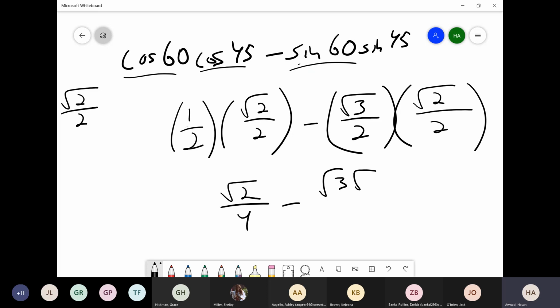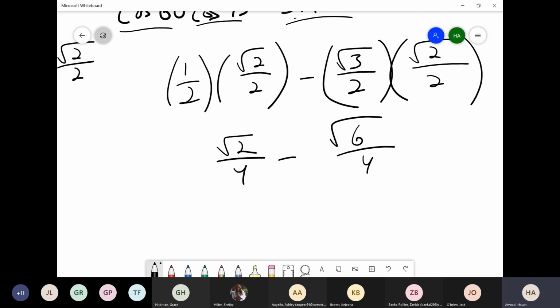Remember that when you're multiplying numbers who have the same root, you can combine them into one single piece, right? So square root of 3 times square root of 2 is the same thing as square root of 3 times 2, and we know that 3 times 2 is 6. So we end up with square root of 6 over here, and 2 times 2 on the bottom still leaves us with 4.